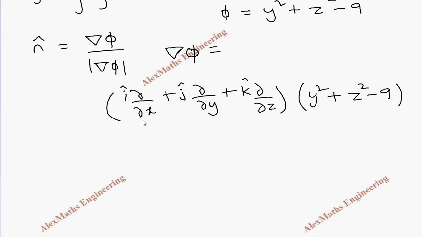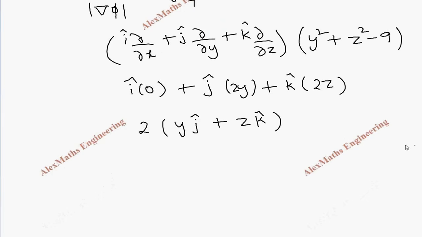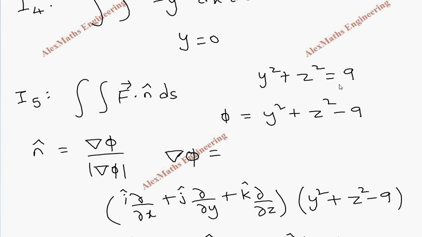Now dou by dou x of this is 0, so i cap into 0 plus j cap into 2y plus k cap into 2z. So we can take 2 common, so it is y j cap plus z k cap. Now the magnitude of this del phi becomes 2 root of y square plus z square, and the value of y square plus z square is 9 here.